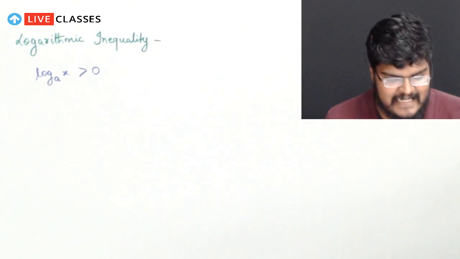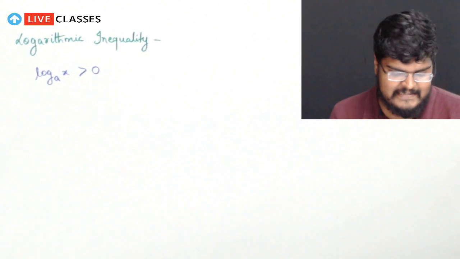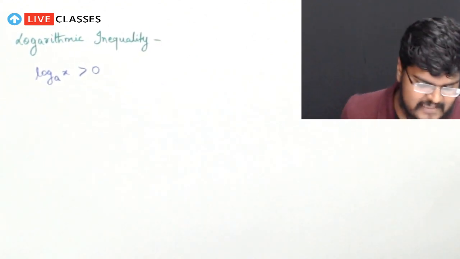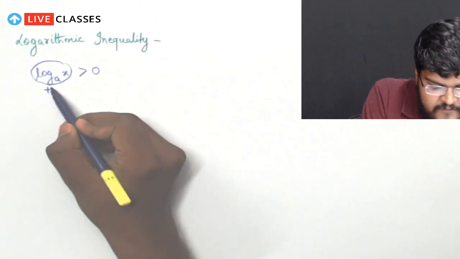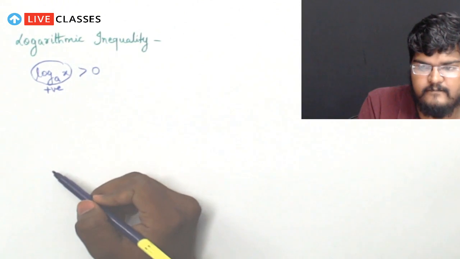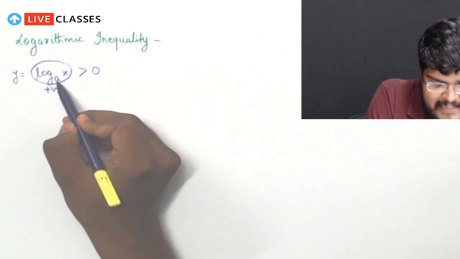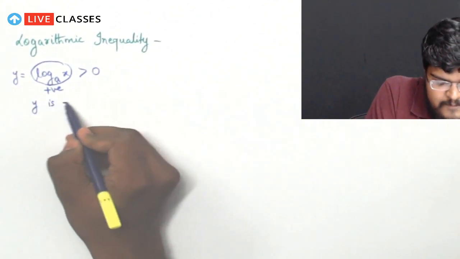If we take this logarithmic inequality, then you can clearly see that what this expression wants is a result of log x to the base a which is positive. So if y is equal to log of x to the base a is greater than 0, that means the value of y is positive.